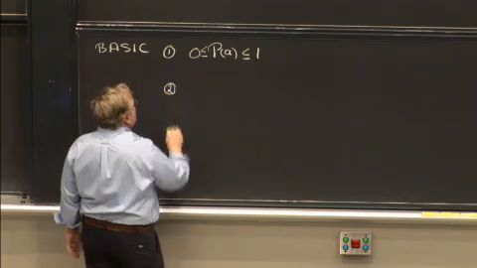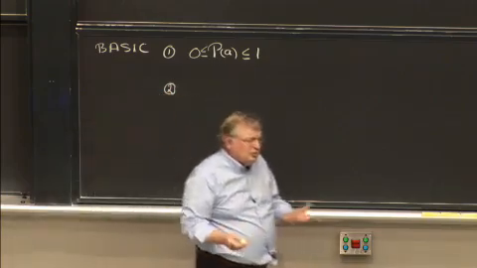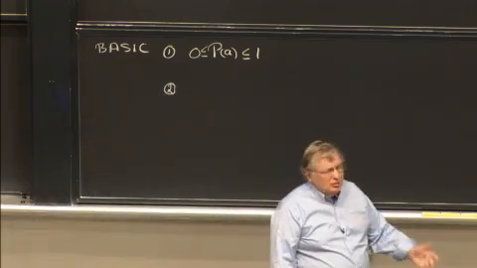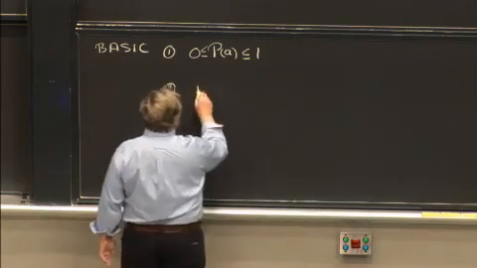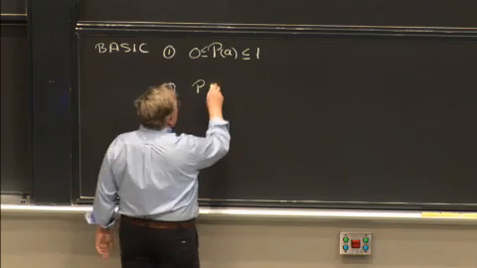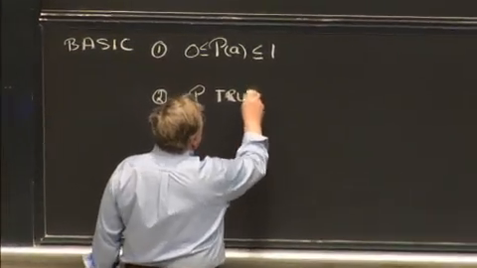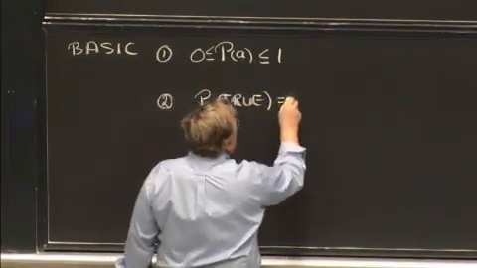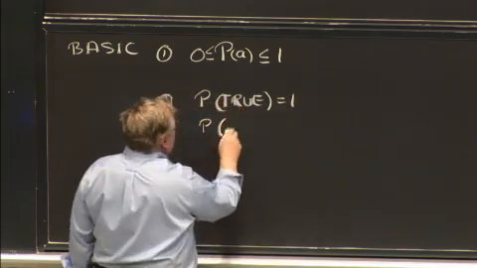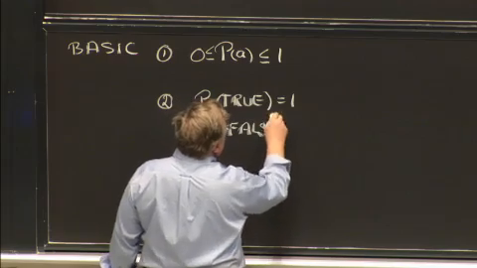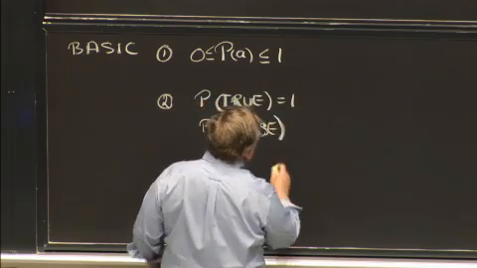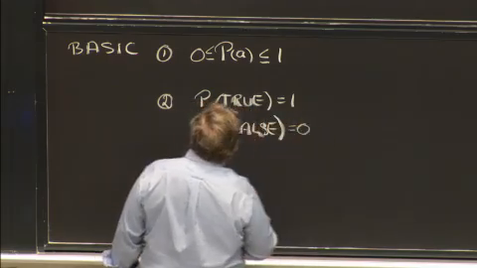In a binary world, things have a probability of being true. Some have a probability of being false. But the true event doesn't have any possibility of being anything other than true. So the probability of true is equal to 1, and the probability of false, the false condition, has no possibility of being true, so that's 0.